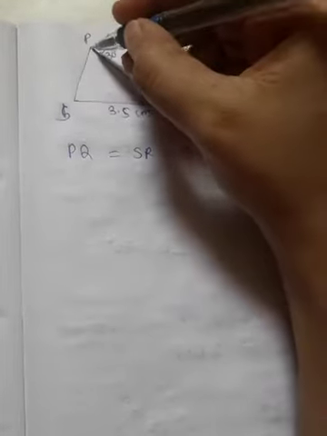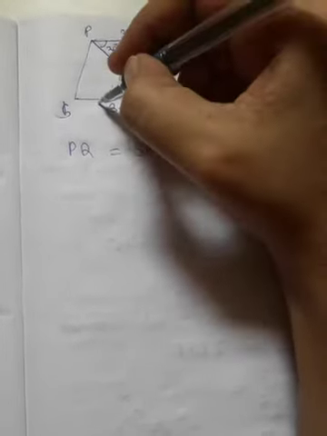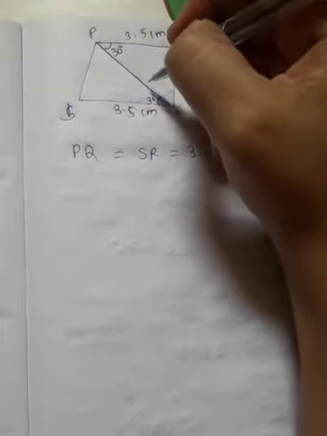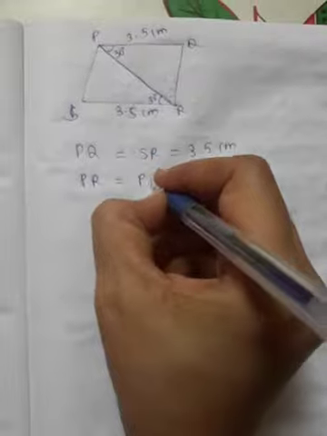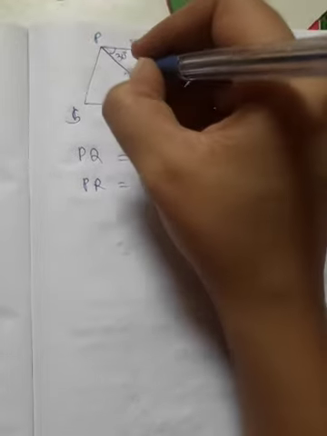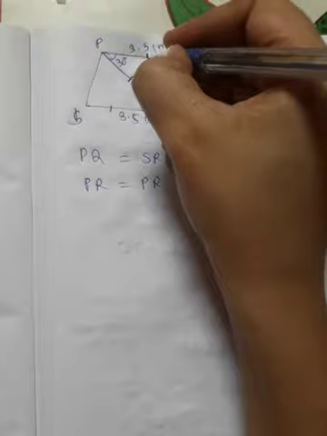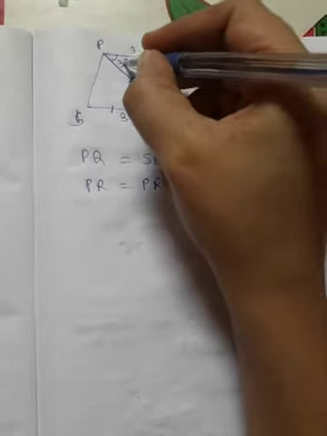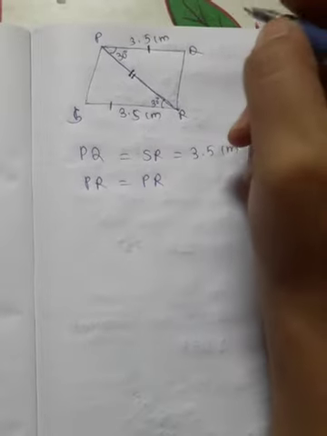Here you observe that PR is a side of this triangle and PR is a side of this triangle. So here this side of two triangles are equal, means PR is equal to PR. See here, these two sides are equal, and this is a common side. Okay, so these sides are common to these two triangles. So here observe, angle included between these two sides is 30 degree, and angle included between these two sides is also 30 degree.